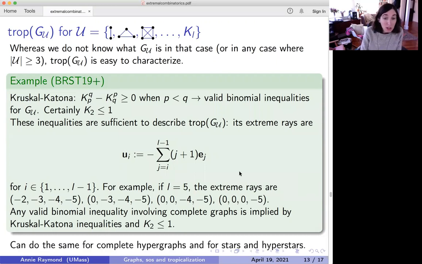And so we can do the same for complete hypergraphs and for stars and hyperstars. You can take as many as you want, and you can fully characterize their tropicalization. So that's pretty fun. But you might say, well, we already know Kruskal-Katona, so sure, it's great to know that there's nothing else interesting going on there, but can you show anything new?